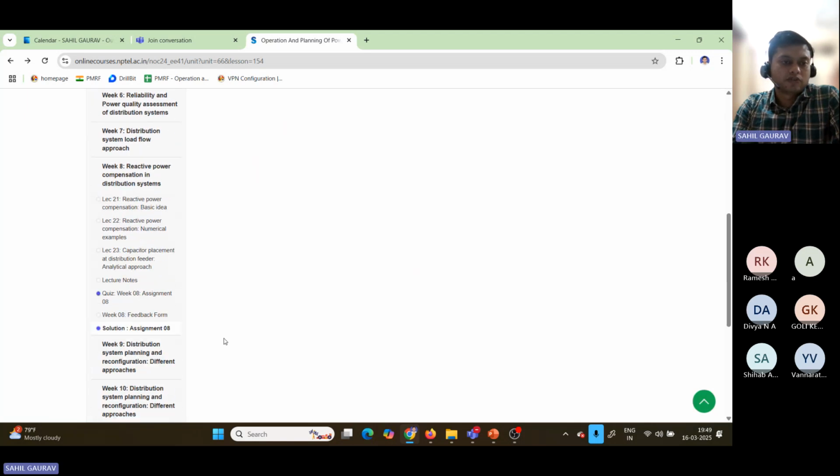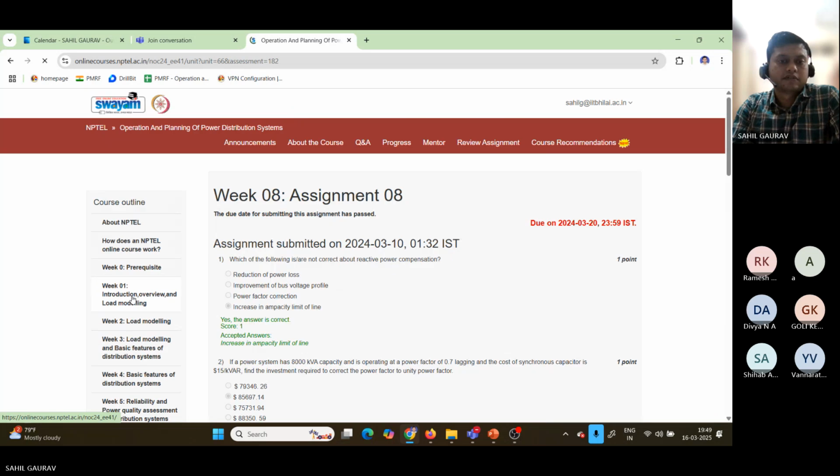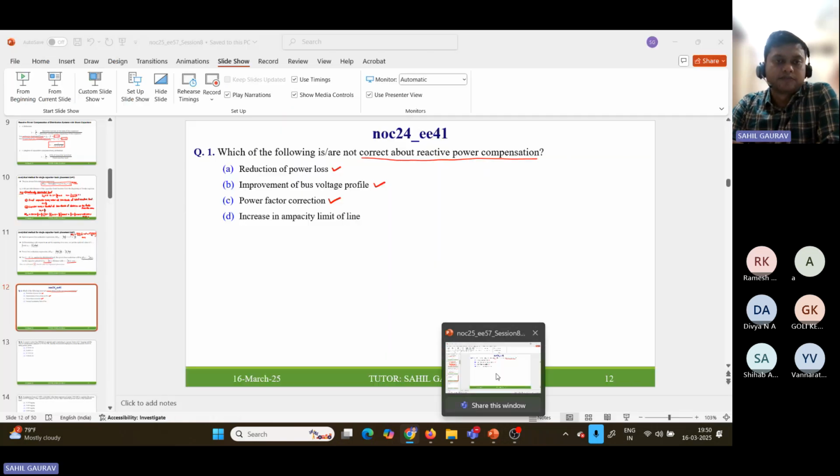No, is this question dropped or what? Because you are asked which is not correct about reactive power compensation. Increase in ampacity limit of line. Okay.